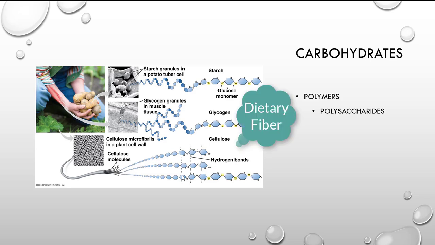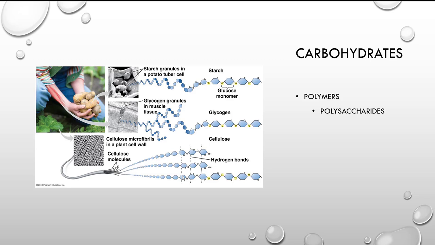If you eat lots of lettuce, which is just plant leaves, it has lots of plant cell walls, and that is our insoluble fiber, something we can't really break down in our bodies. We don't have the enzymes. Some animals have gut bacteria that help break it down for them.